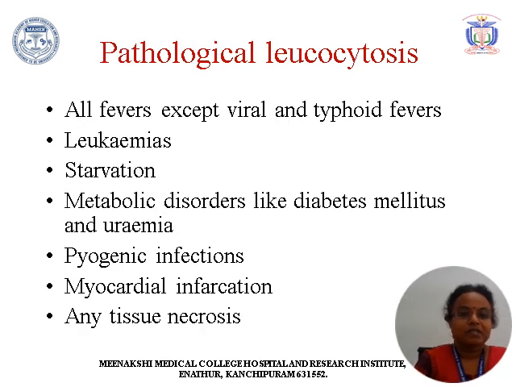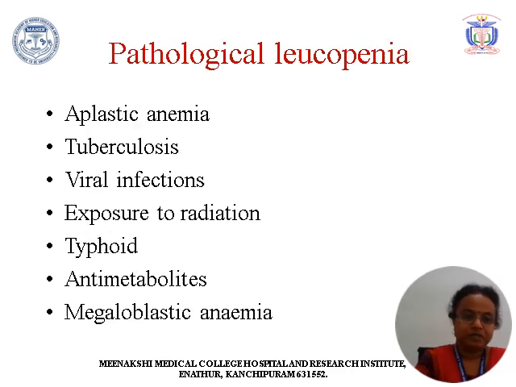Pathological leukocytosis occurs in all types of fever except viral and typhoid fevers, leukemia, which I'll come to a little later, starvation, metabolic disorders like diabetes, uremia, pyogenic infections, myocardial infarction, and any tissue necrosis. Pathological leukopenia occurs in aplastic anemia, tuberculosis, viral infection, exposure to radiation, typhoid, antimetabolites, and megaloblastic anemia.